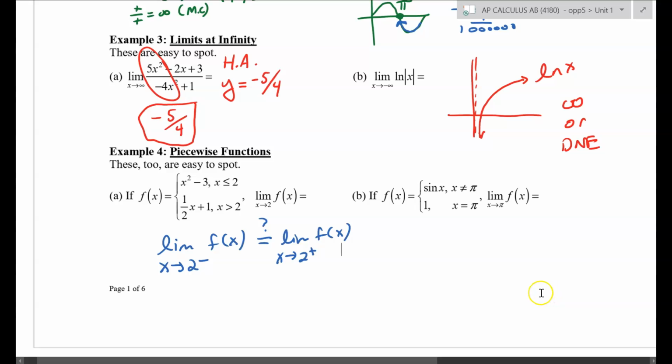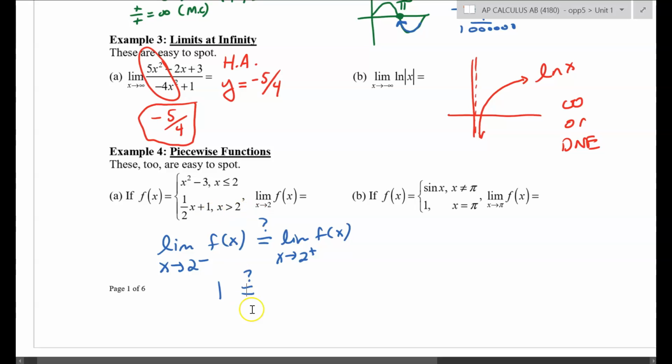Otherwise, it doesn't exist. If I plug in a number a little less than 2, which rule am I within? The first one. If we plug in 2, what do we get? 1. If we plug in a number a little bigger than 2, we're within the second rule.